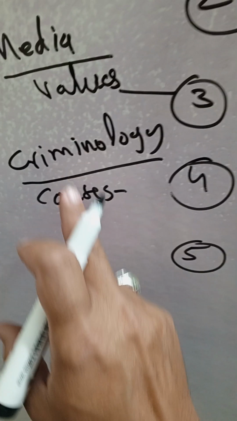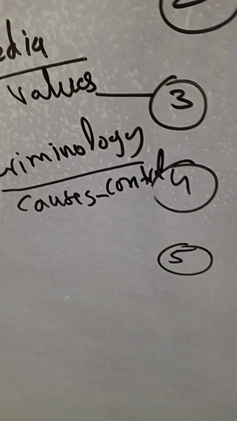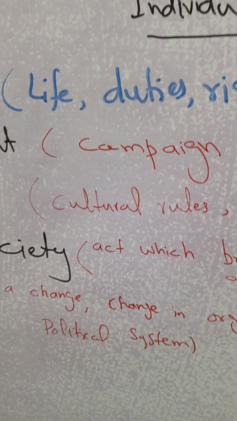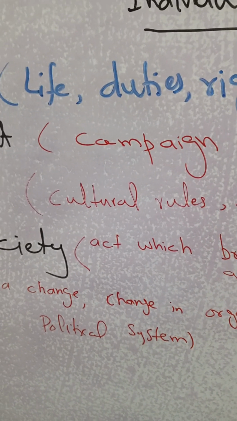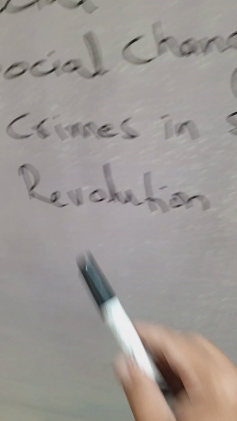They also study how to control crime in society. That is also a main area of sociology. Basically, as we discussed at the start, sociology is the study of society, so in society, both the positive and the negative aspects are studied in sociology.